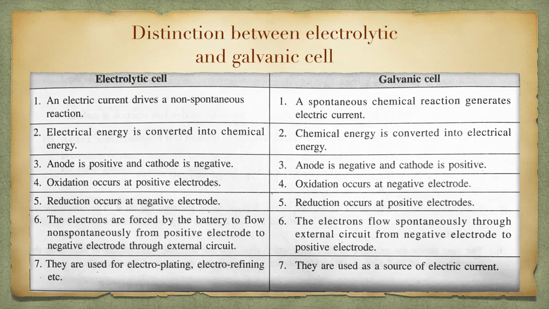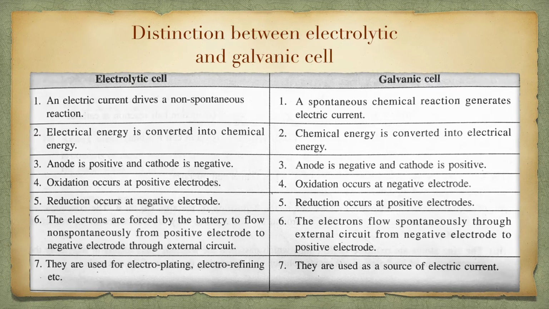And in a galvanic cell, a spontaneous chemical reaction generates electric current. Second point, in an electrolytic cell electrical energy is converted into chemical energy, and in a galvanic cell chemical energy is converted into electrical energy. Third point, in an electrolytic cell, anode is positive and cathode is negative.